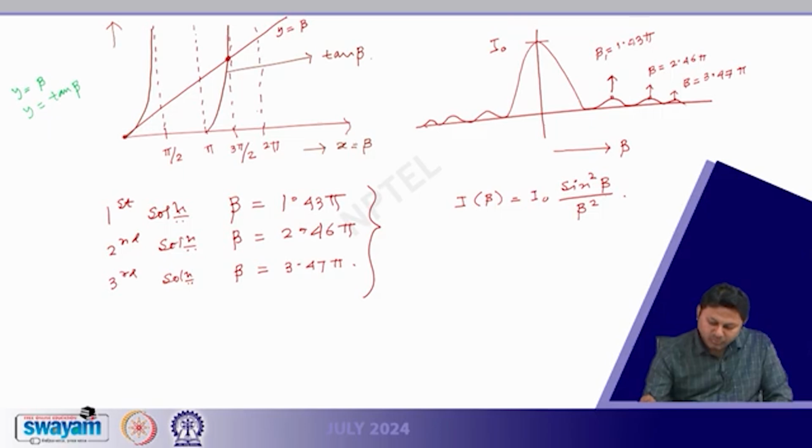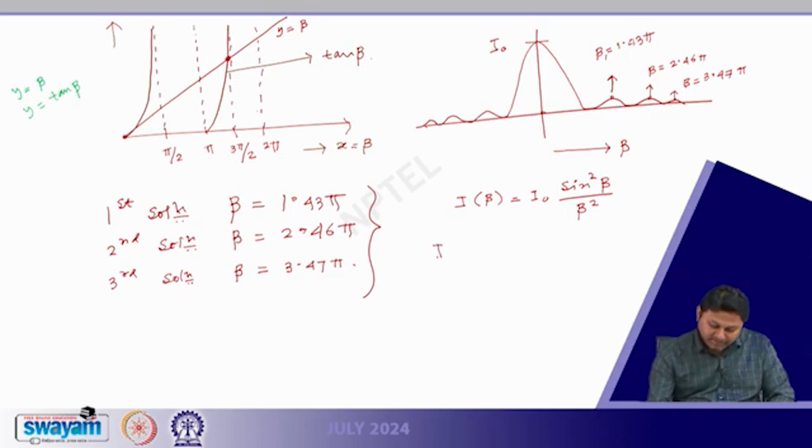Now, when beta tends to 0, that is this point, then I as a function of beta is simply I 0, that is the maximum intensity. So now I want to find out the first secondary maxima, what is the intensity of that?